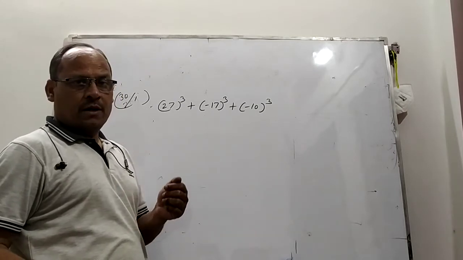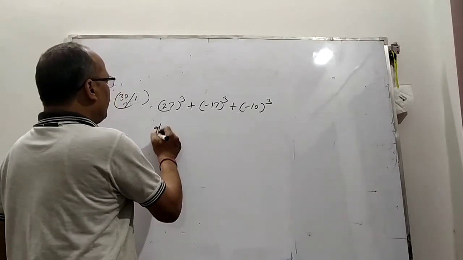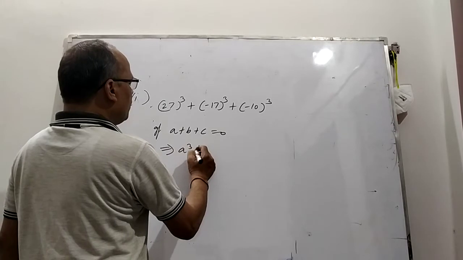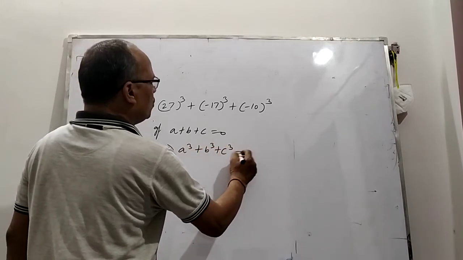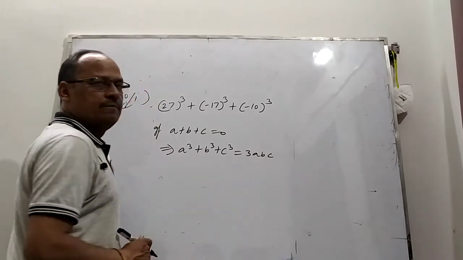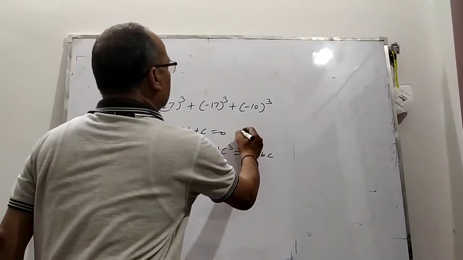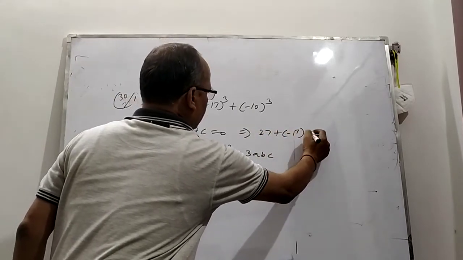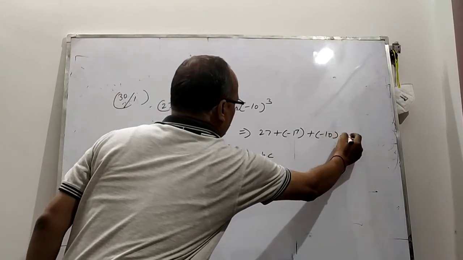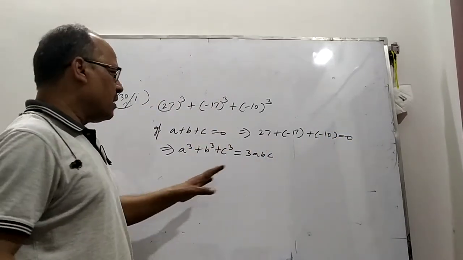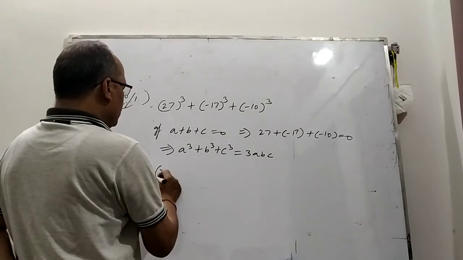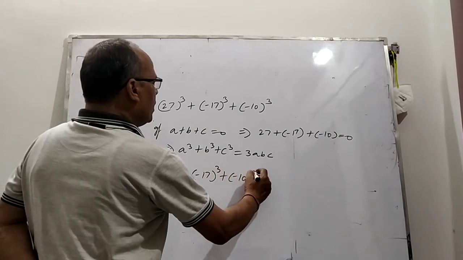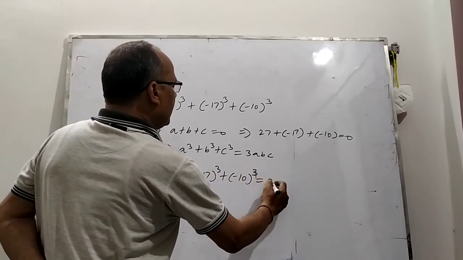You know the formula: if A plus B plus C equal to 0, it implies that A cube plus B cube plus C cube equal to 3ABC. Now you check this: 27 plus minus 17 plus minus 10 equal to 0. Is it coming or not? Yes, it is. So what will the result be? 27 cube plus minus 17 cube plus minus 10 cube equal to 3ABC.